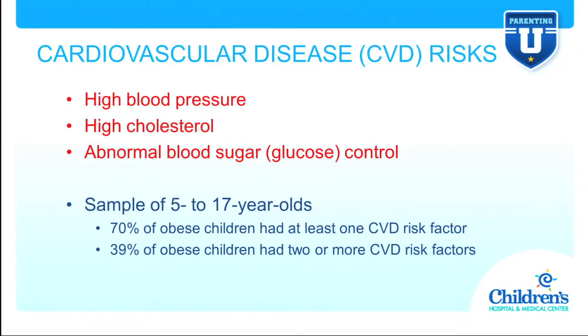The most common cardiovascular problems that we see obviously are high blood pressure, high cholesterol, and also abnormal blood sugars. When these kids overeat, you put a lot of strain on your pancreas, and that's where your insulin is produced. So a lot of times we have kids that are called insulin resistant.